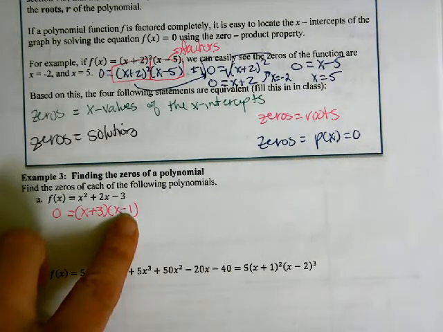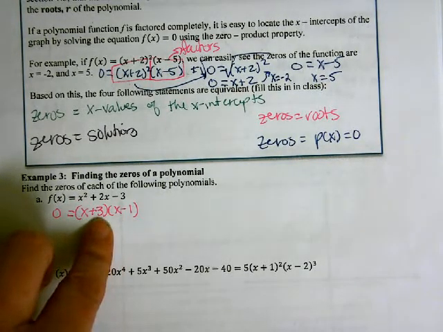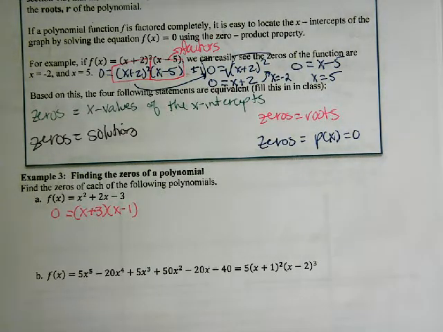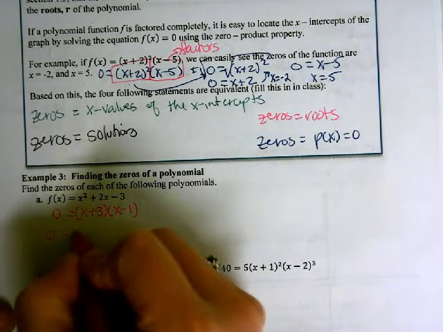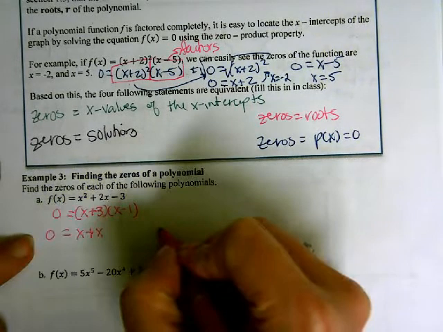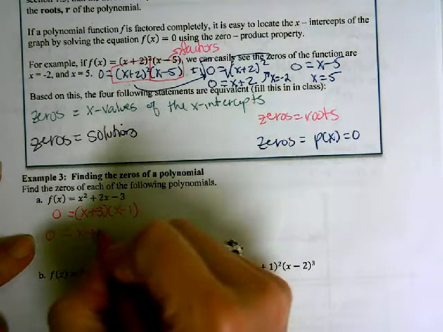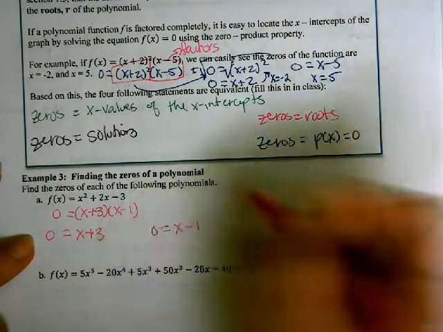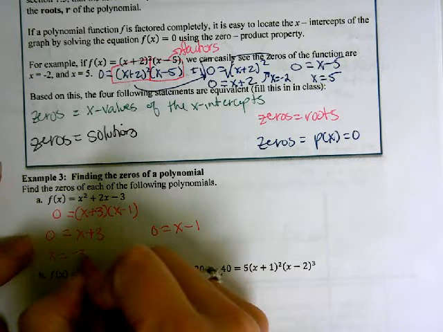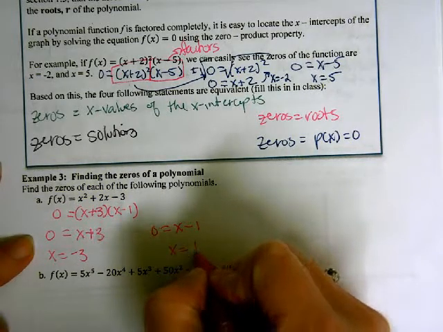Here are two factors. Then use the zero product property and say 0 is equal to x + 3 and 0 is equal to x - 1. And then solve. You get x equals -3 and x equals 1.